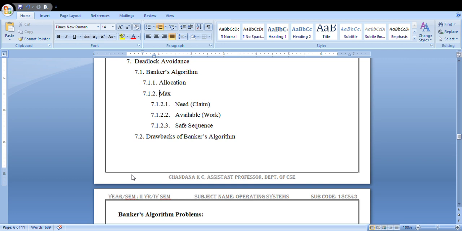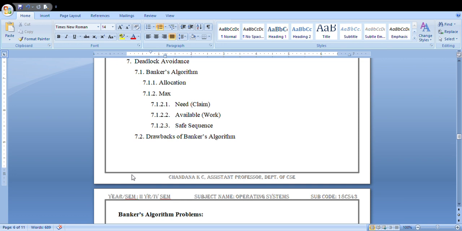What do you mean by available? Available is the resources left once the resources are allocated; for each and every process you have to calculate the available resources. That is available, also called work. Next is safe sequence.